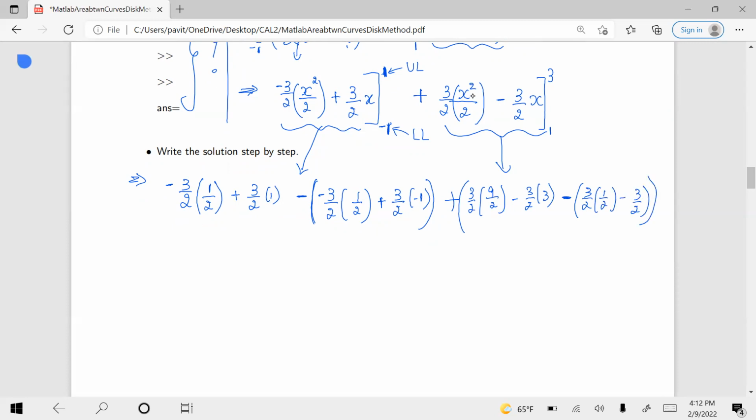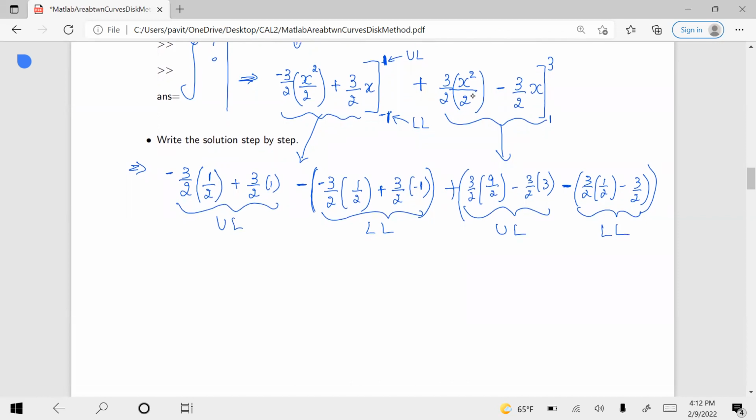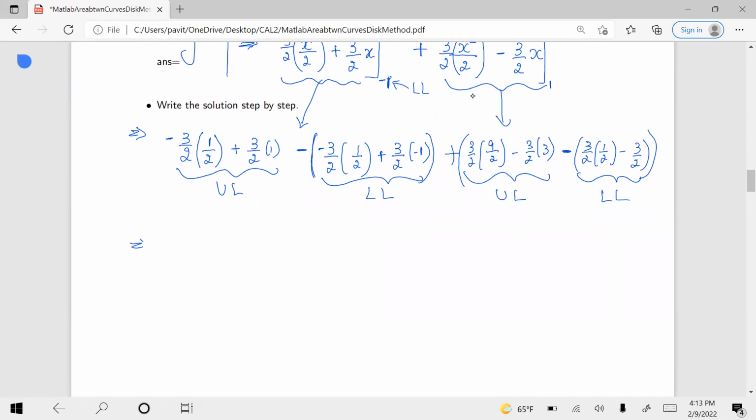Okay, this is for this, this is for this. Upper limit minus lower limit. This is upper limit. This is lower limit. Again, upper limit, lower limit. Okay, now you are going to simplify the whole thing. So simplify the whole thing and tell me the answer.